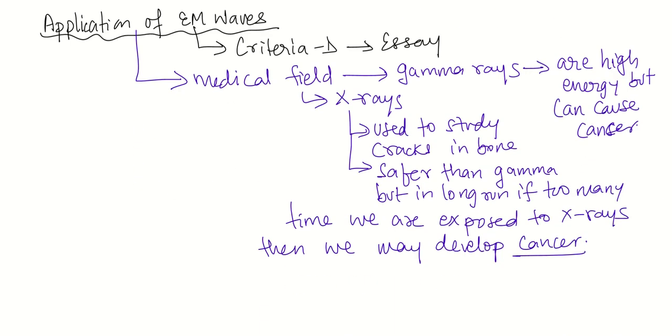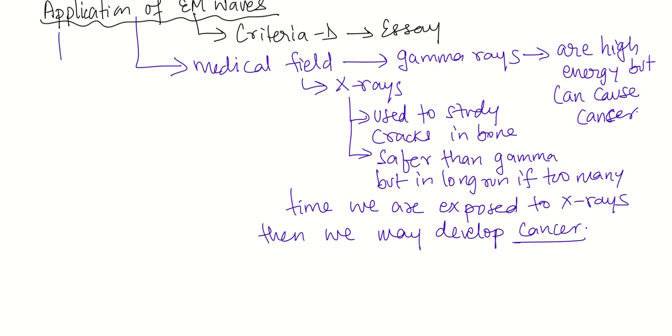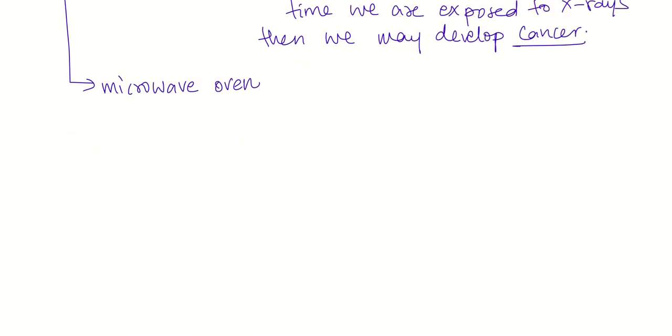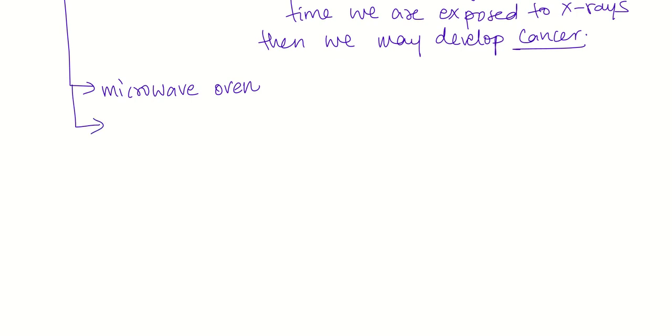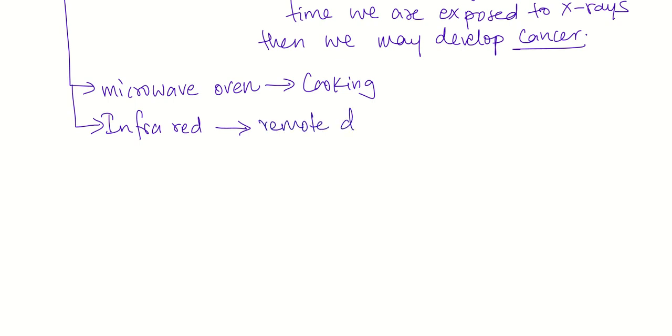And one of the other uses, I think some of you have written here, I remember seeing microwave ovens. Some of you, I remember, have written infrared. Microwave ovens are used for cooking. Infrared, some of you said, is used in remote sensing systems, or remote control devices.